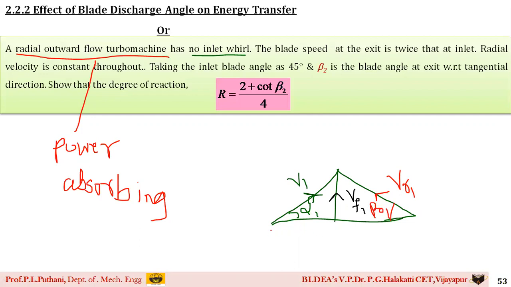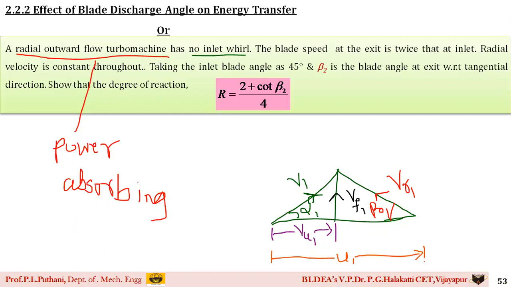Then we have the tangential component of the absolute velocity, Vu1. And finally we have the tangential velocity, which you can also call the blade speed at the inlet, u1.